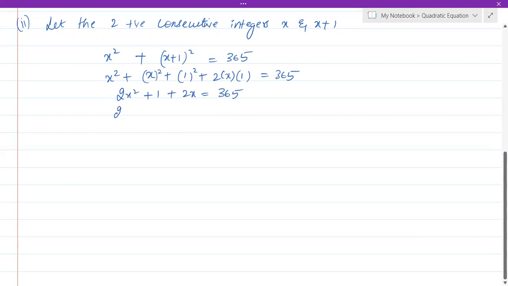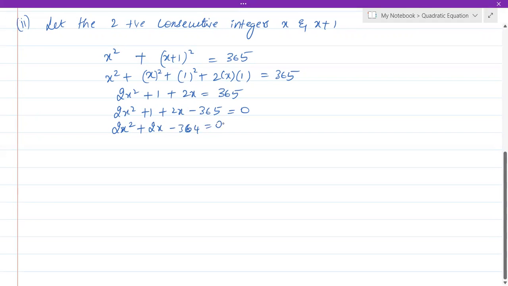So take the 365 to the other side. 2x squared plus 1 plus 2x minus 365 equal to 0. Rearranging it, 2x squared plus 2x, 1 minus 365 is minus 364, equal to 0.